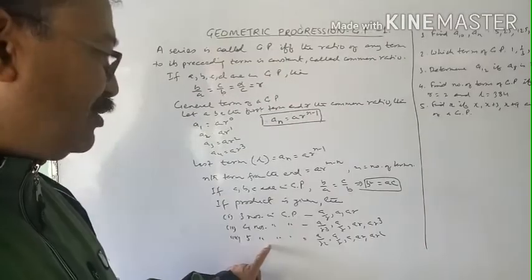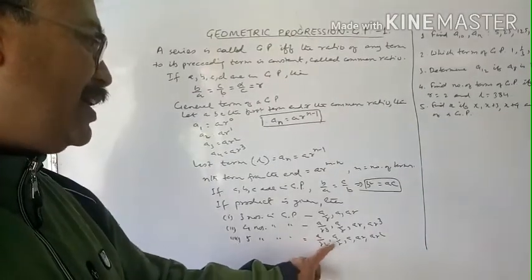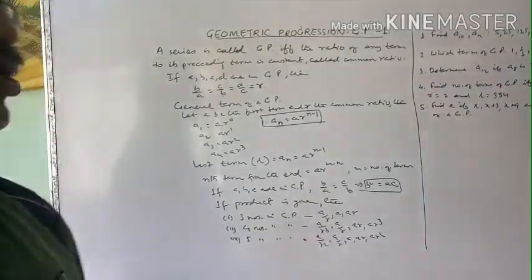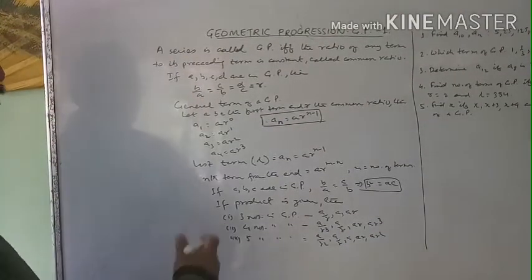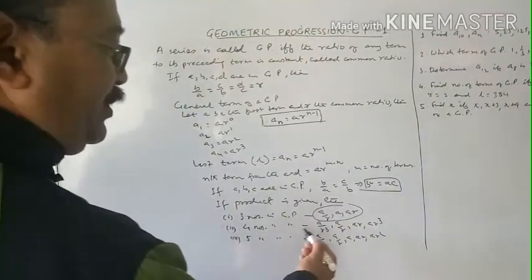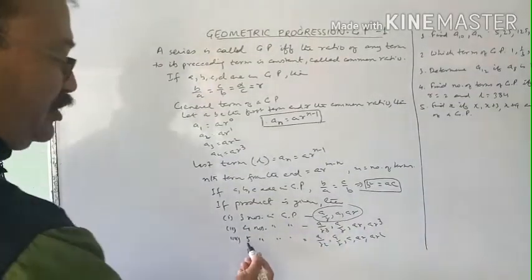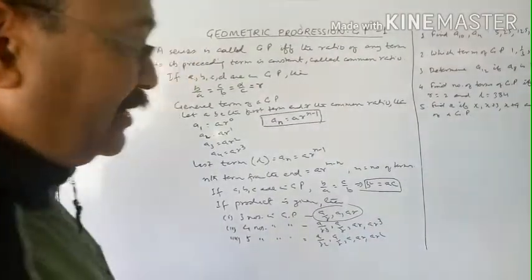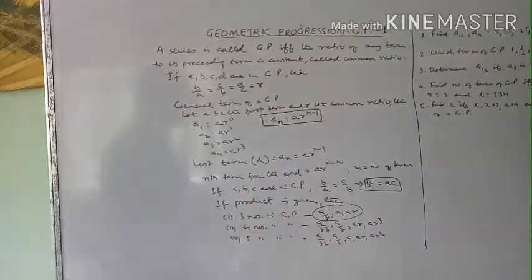If you have to suppose 5 numbers, then you take A by R square, A by R, A, AR, and AR square. So if the question is to find 3 numbers, we suppose these 3. If it is to find 4 numbers in GP, we suppose these. If it is to find 5 numbers in GP, then we suppose these, find the values of A and R, and find these numbers.